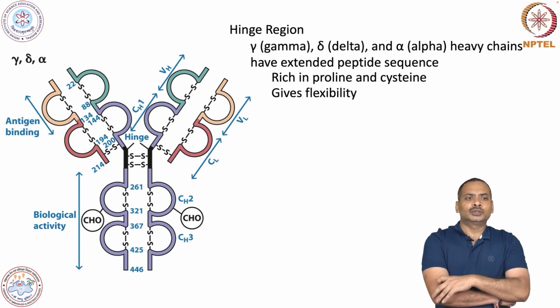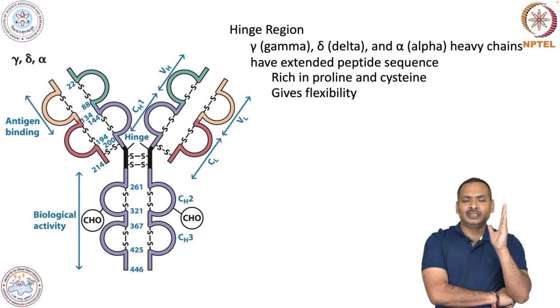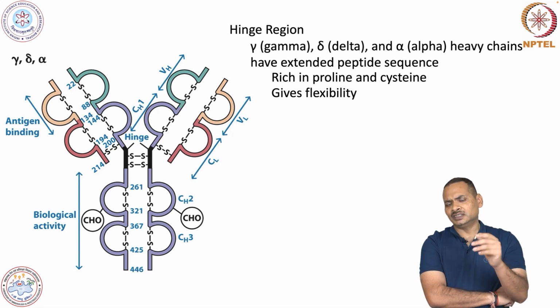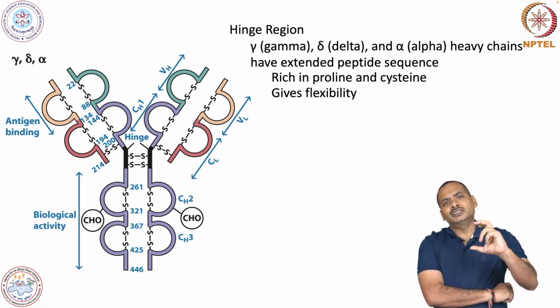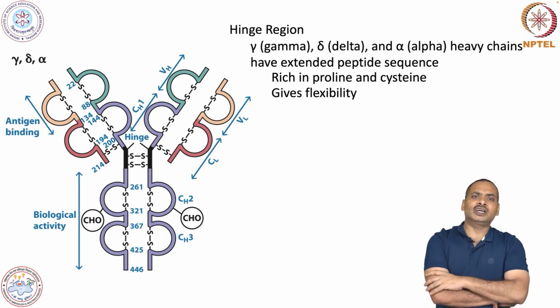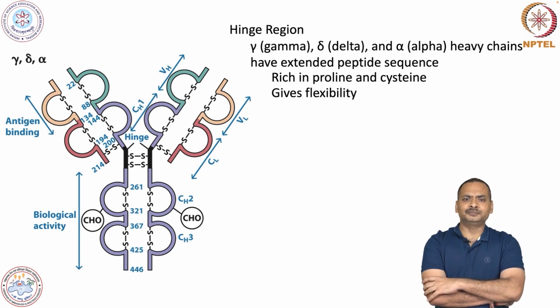So remember that in IgG, IgD and IgA this hinge region is present, predominantly consisting of proline and cysteine, and this gives flexibility to the molecule.